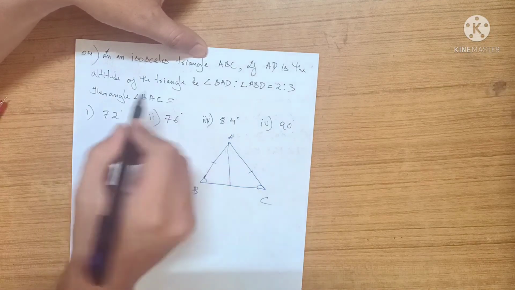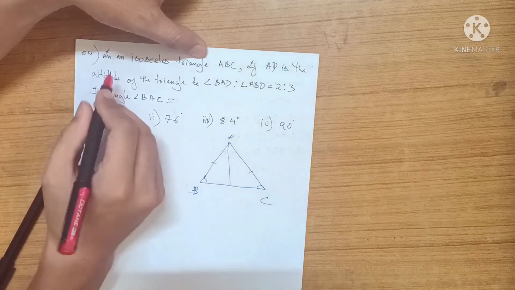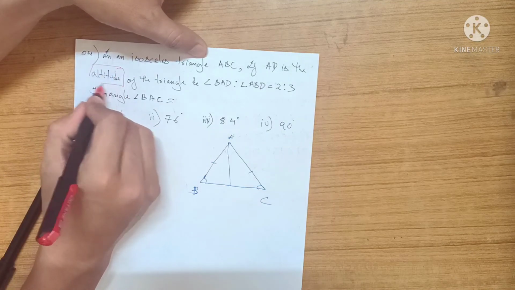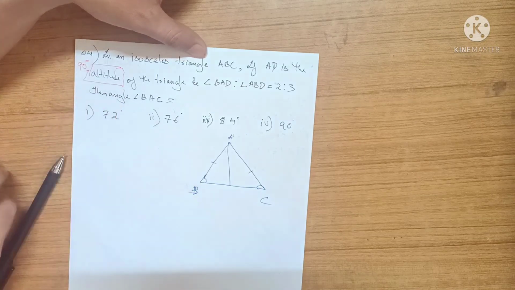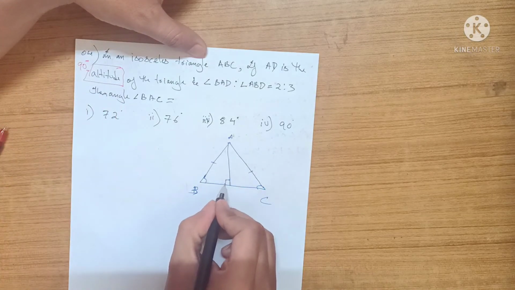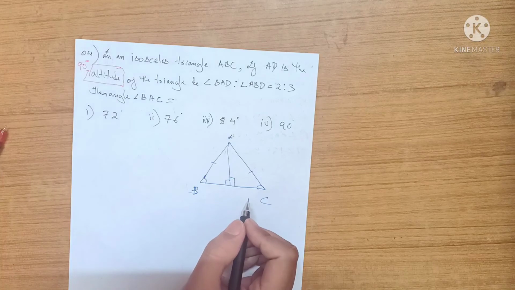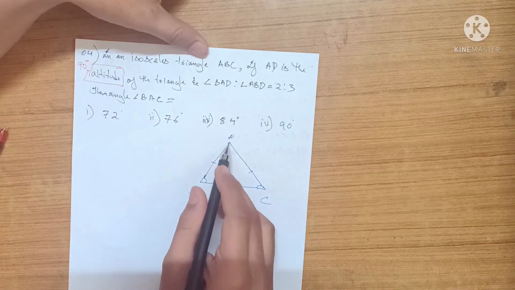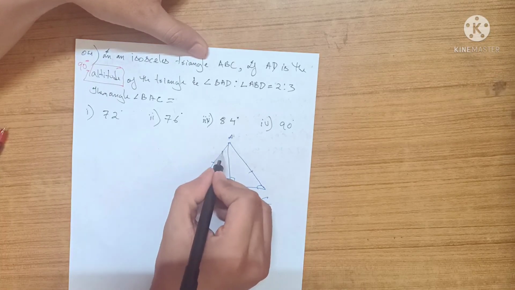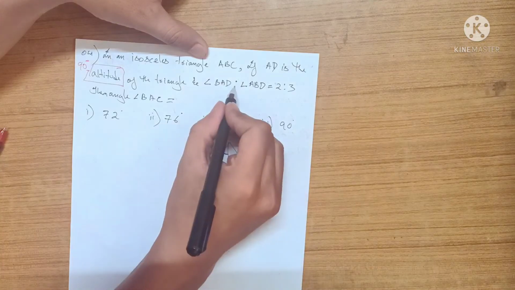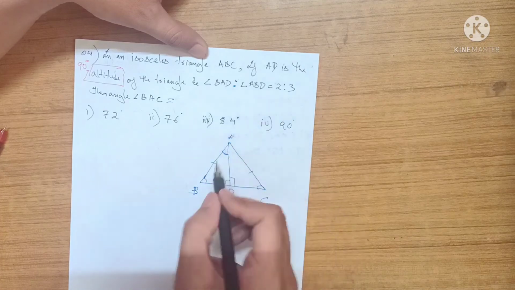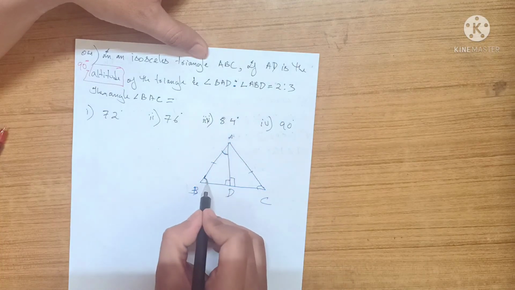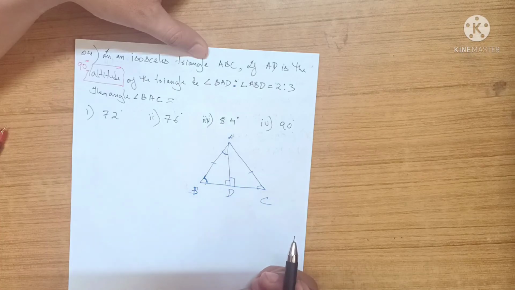Altitude, in case you don't know, altitude means height, okay? And height will always be 90 degrees. Always remember. So this is 90, this is 90. They're saying the ratio of angle BAD to angle ABD is 2:3.